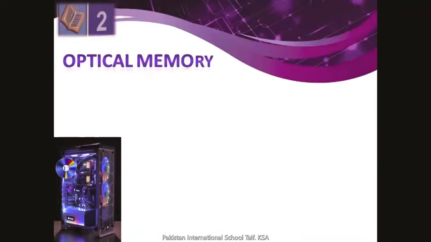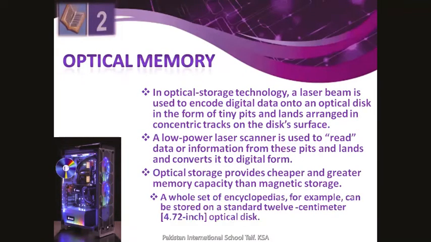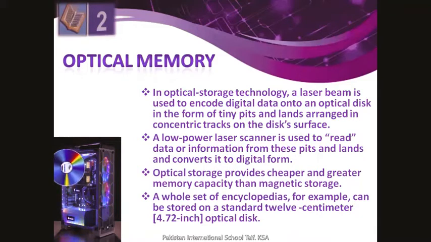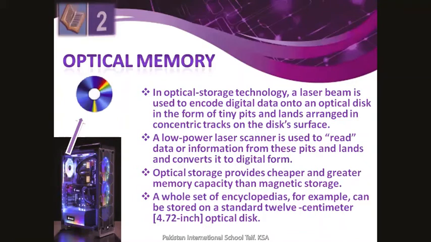Next is optical memory. In optical storage technology, a laser beam is used to encode digital data onto an optical disc in the form of tiny pits and lands arranged in concentric tracks on the disc surface.